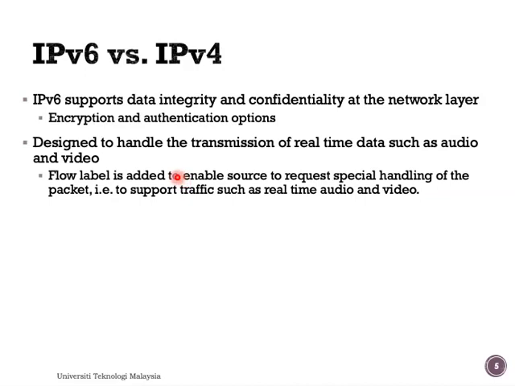For example, some packets request special handling in terms of quality of service or real-time service. For instance, audio and video transmission might be treated as a flow that needs this kind of QoS, or quality of service. On the other hand, more traditional applications such as file transfer and email might not be treated as a QoS flow.